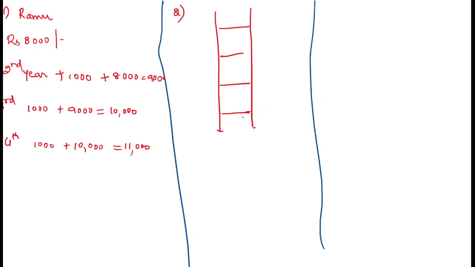The distance from the floor to the first rung of the ladder is 30 centimeters. From the first rung to the second it is again increased by 30 centimeters. Again it is increased by 30 centimeters, again by 30 centimeters, which means here it is 30, 30 plus 30 is 60, 60 plus 30 is 90, 90 plus 30 is 120 centimeters.